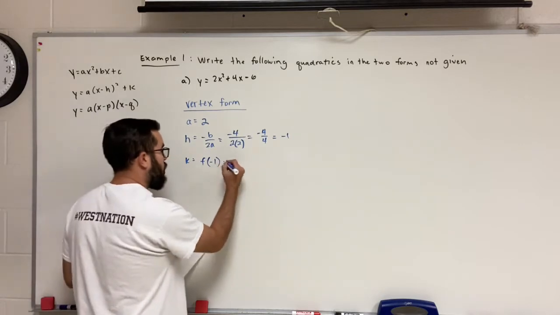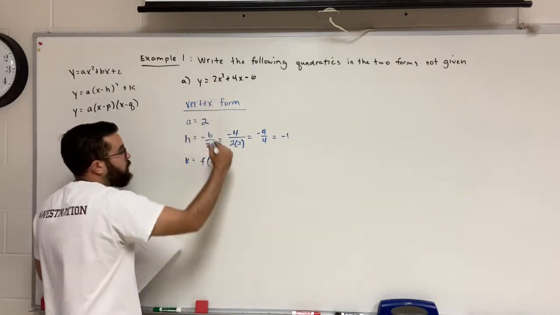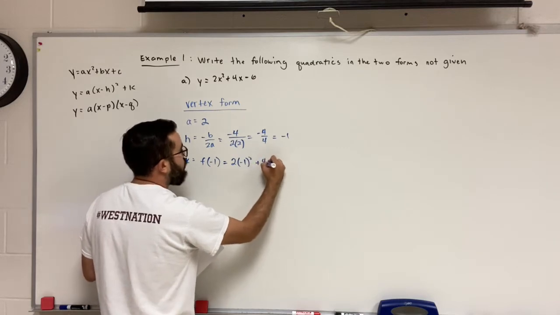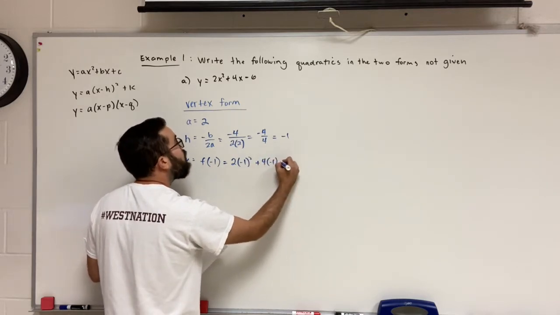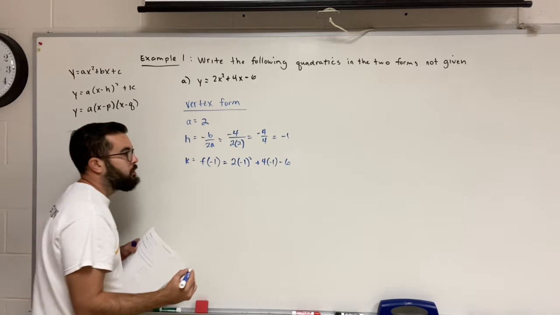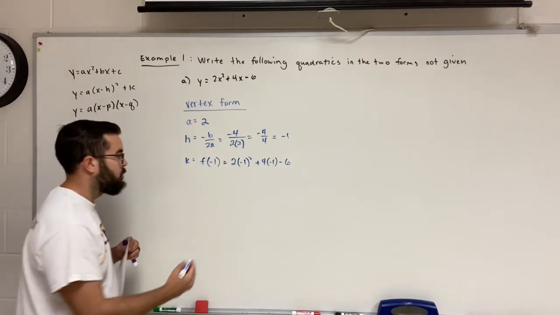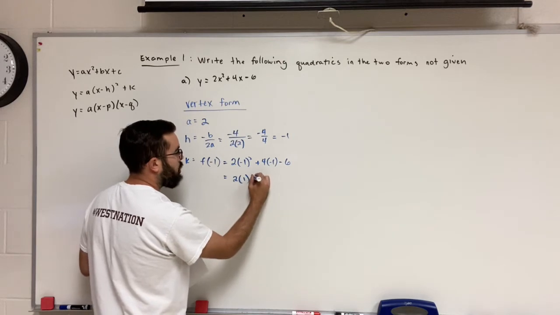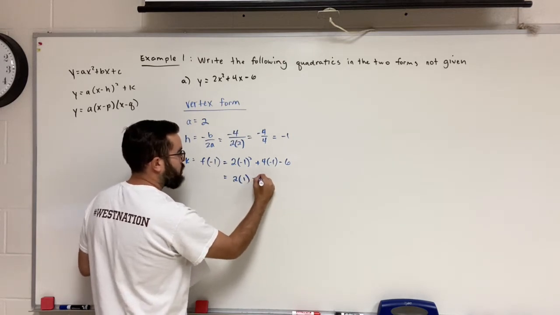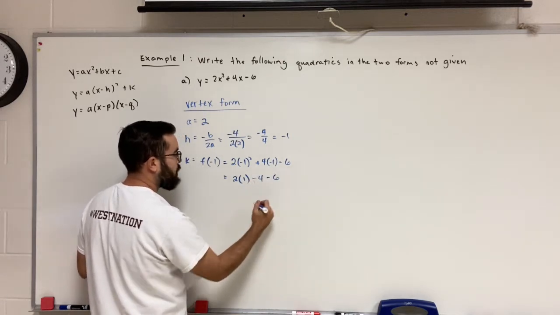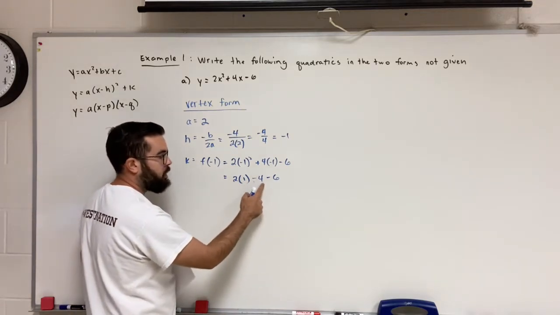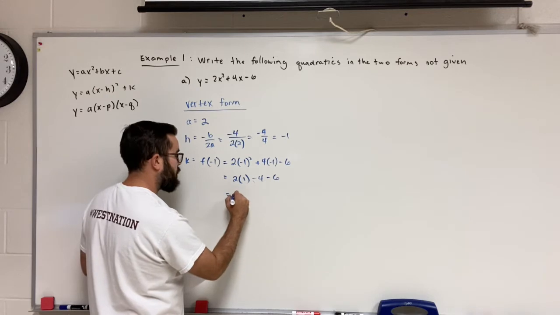All right, so I'm plugging in negative 1 for x, so I'd have 2 times negative 1 squared plus 4 times negative 1 minus 6. All right, so that's 2 times 1 minus 4 minus 6. So that's just 2 minus 4 minus 6. So 2 minus 4 is negative 2, minus 6 is negative 8.